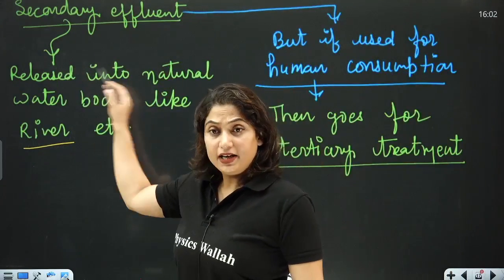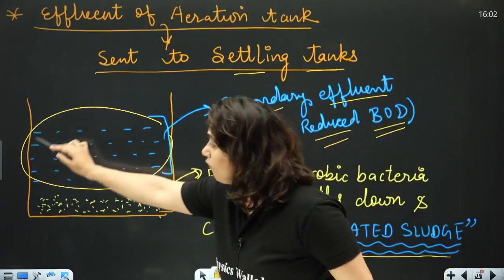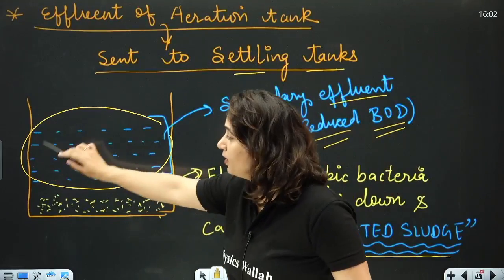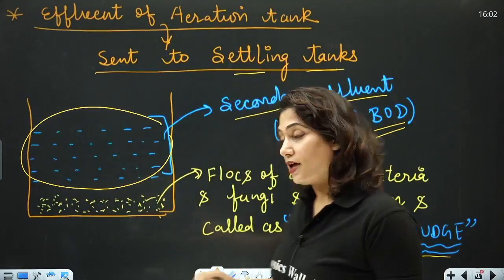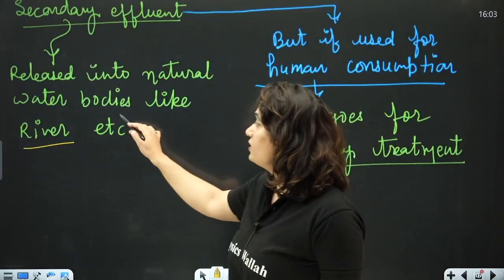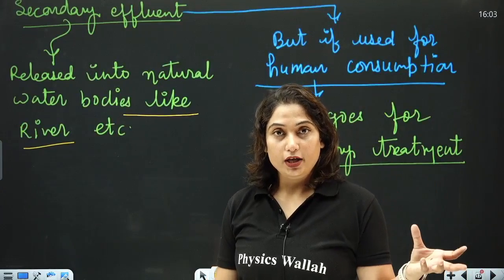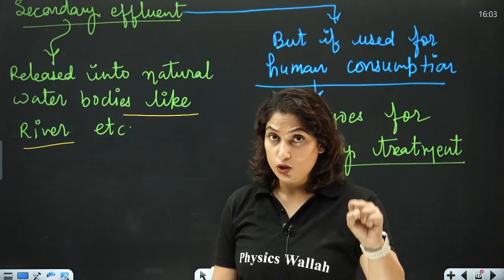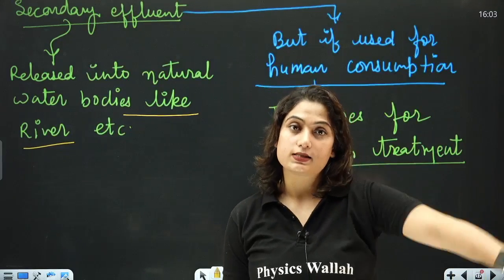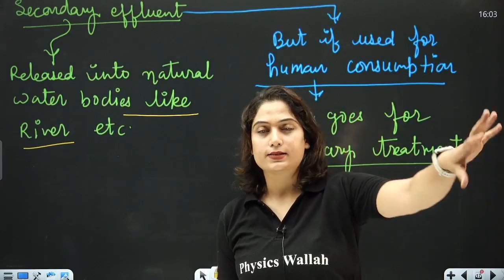Now, remember the secondary effluent, the water which has undergone the biological treatment. This secondary effluent is directly released into water bodies like rivers and lakes, because the BOD of the secondary effluent is reduced.